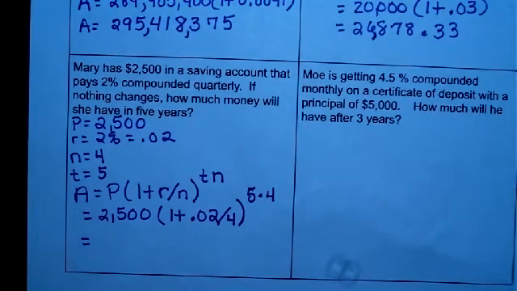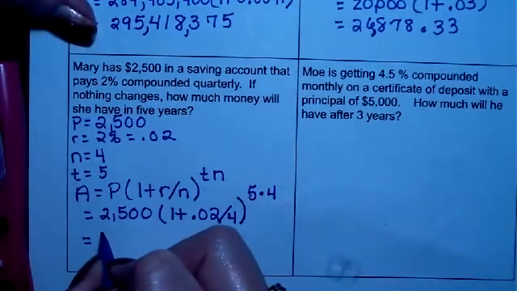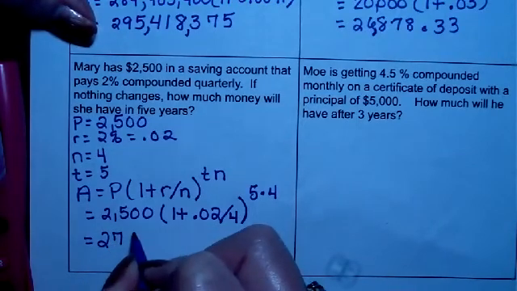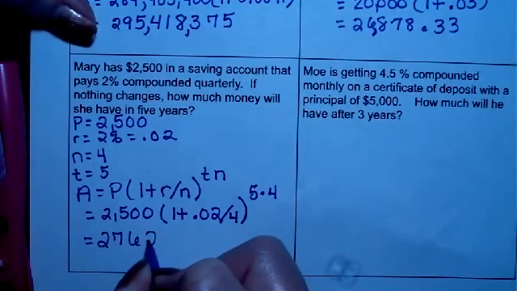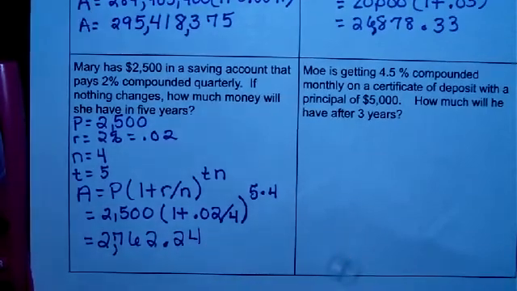So 2,500, parentheses, 1 plus 0.02 divided by 4, close that parentheses, exponent 5 times 4. And I'm going to have, again, round to 2 decimal places because this is money, 2762.24. So in 5 years, she's grown her money to $2,762.24.